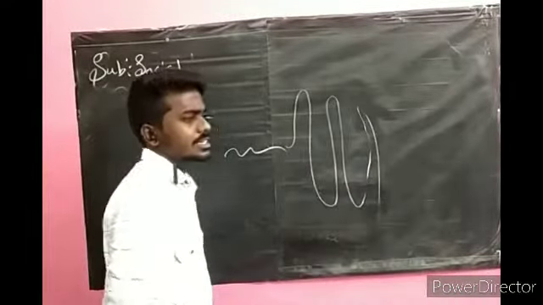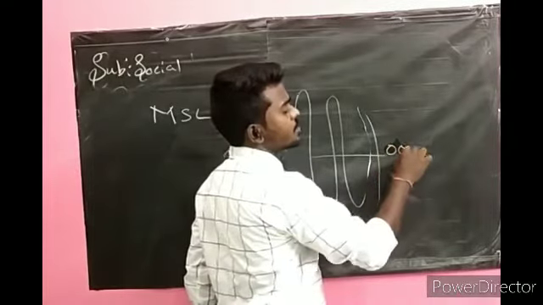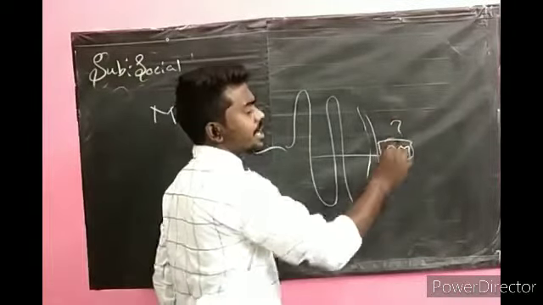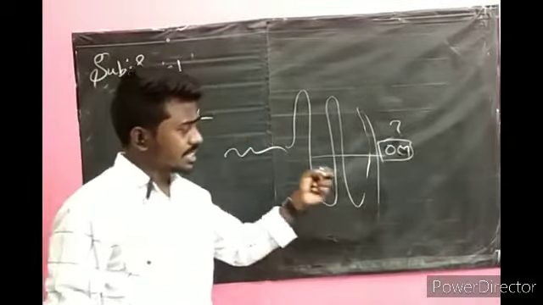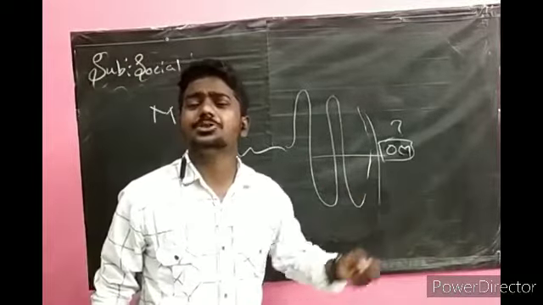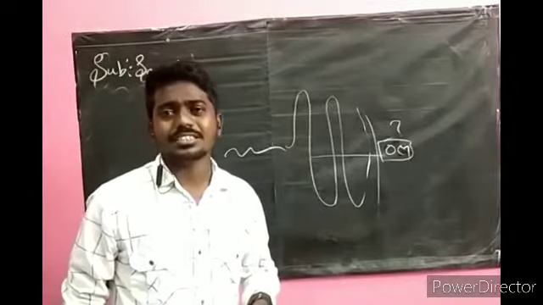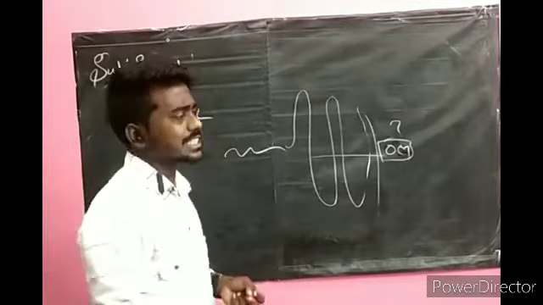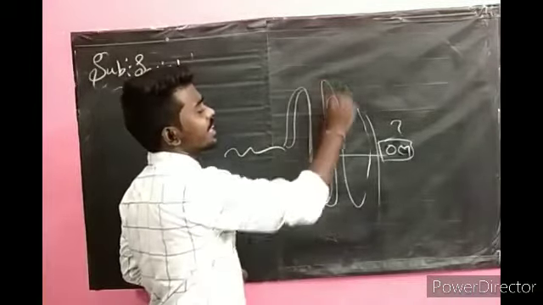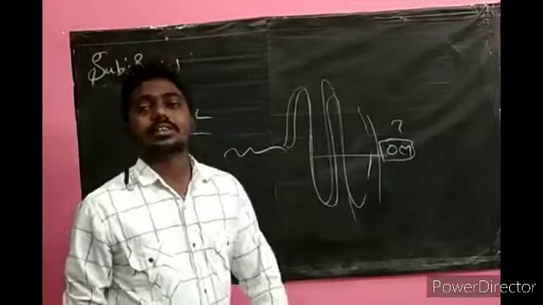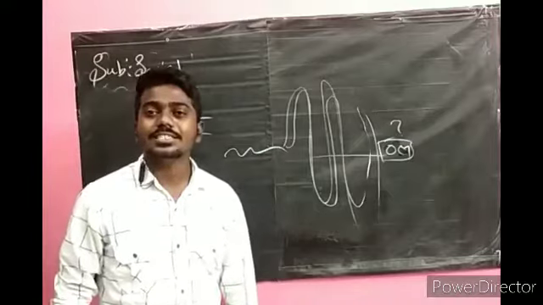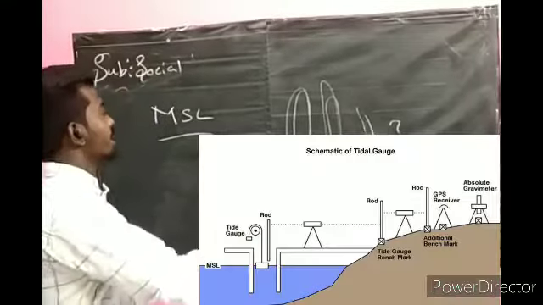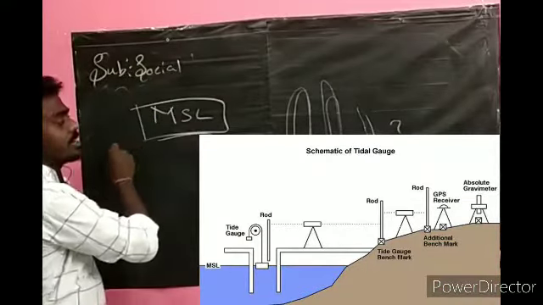How can we take the 0-meter height? It is tough to take the 0 meter in the sea level because the sea level is continuously rising and falling. The scientists observed and calculated the average sea level, which is called mean sea level.